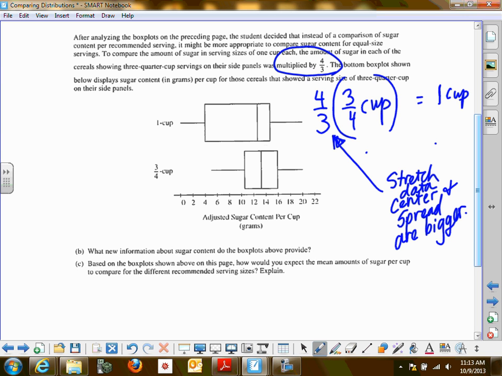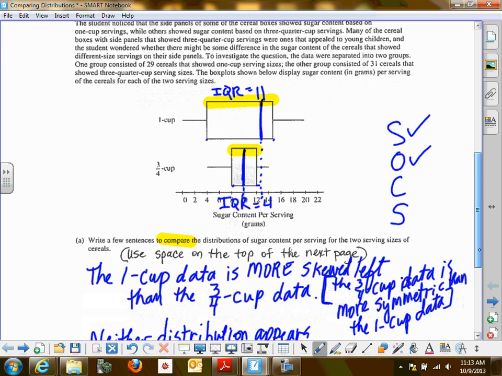So here we go. Question B. What new information about sugar content do the box plots above provide? Are there any conclusions that might be different? Maybe that's what you're getting at there. Are there any conclusions on the front that were different than the back? Remember, look at our medians.